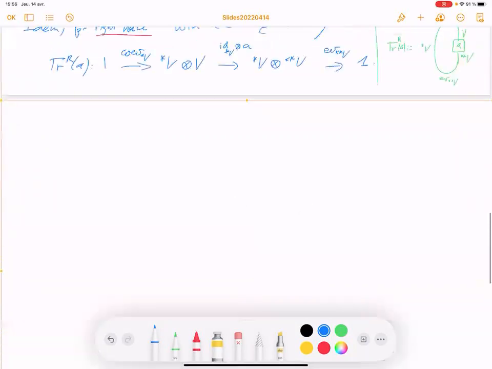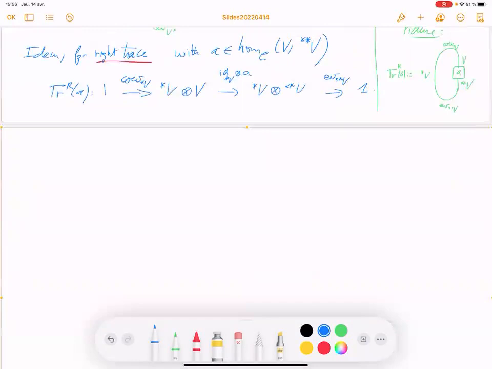It's not true in general here, but it's true in some usual cases. So remark. By definition, the left and the right trace are in the endomorphisms of 1, the morphisms between 1 and 1.